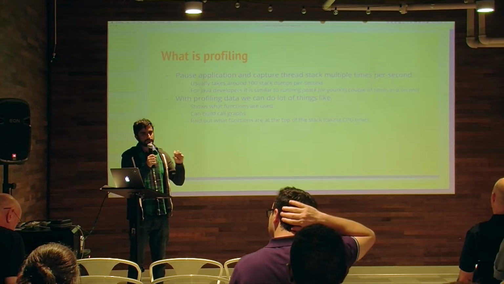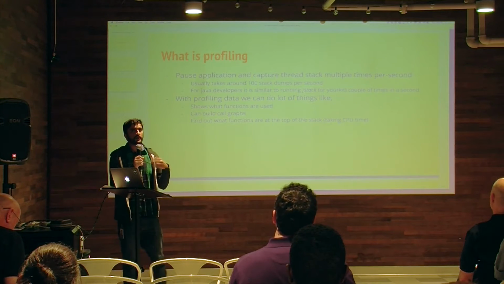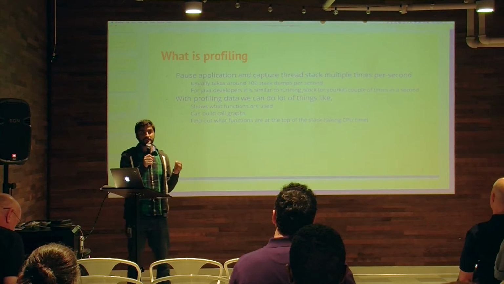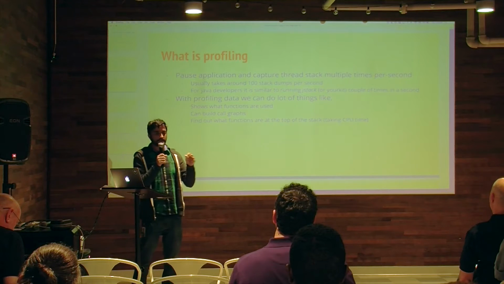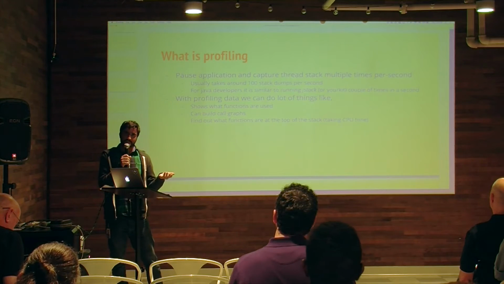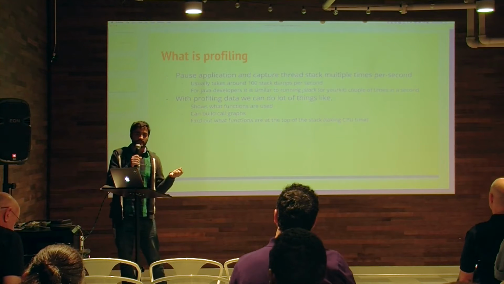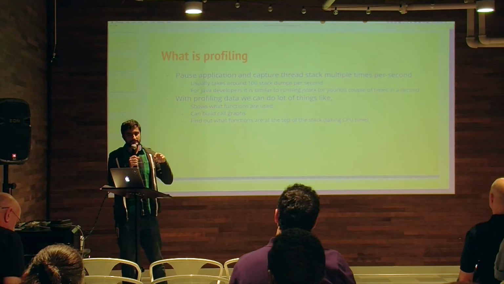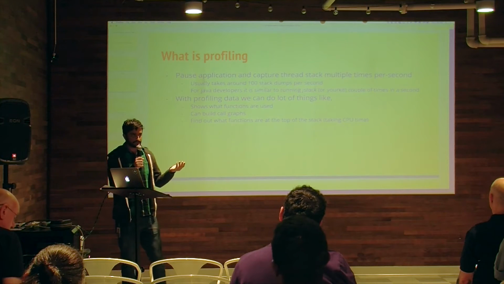Now with that stack trace, you can do interesting things. You could generate a call graph, or you can see where your CPU is spending most of the time, because if you see a function appearing at the top of the stack multiple times, that is a function which is taking more time. You could do a lot of these interesting things, like build a call graph, and see how many times one function appears in the call stack of another function.